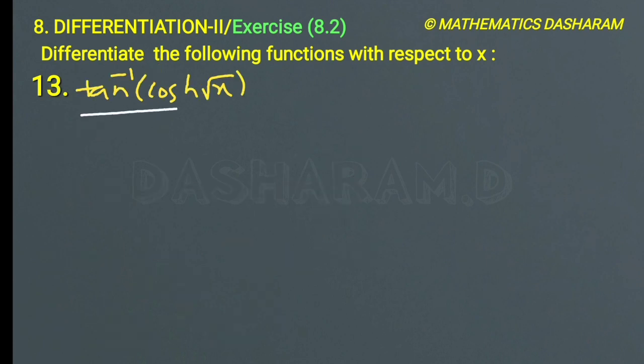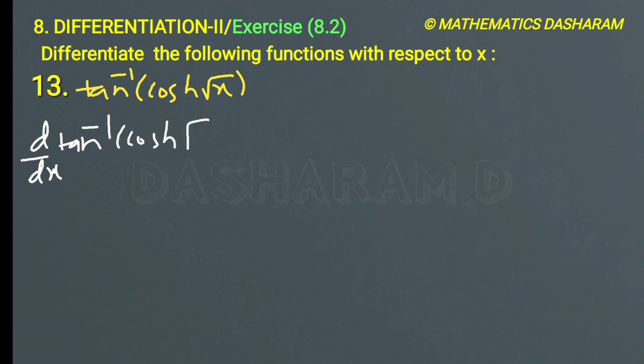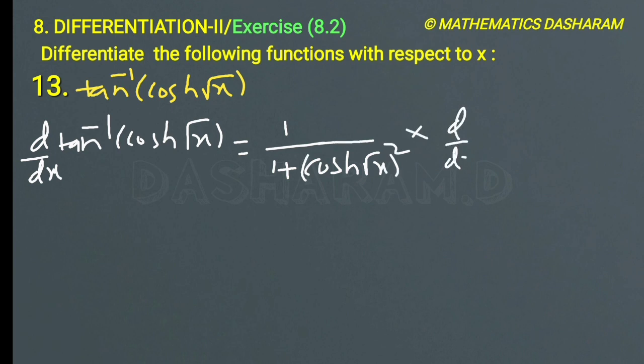13th question, tan inverse of cos h root x. Observe carefully, it is tan inverse, not tan h inverse. So the derivative of tan inverse of cos h root x is, first, derivative of tan inverse x formula is what? 1 by 1 plus x square. So 1 by 1 plus x square, x square meaning cos h root x whole square, into derivative of another function, that is cos h root x.